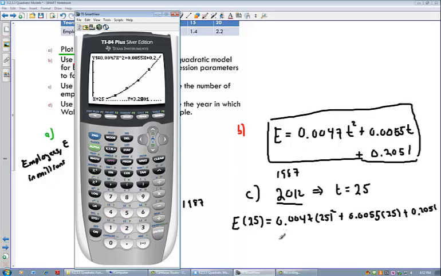So this is approximately 3.2, actually it's equal to, just write the whole number, 3.2801, and this is million employees. And so that's my answer here.